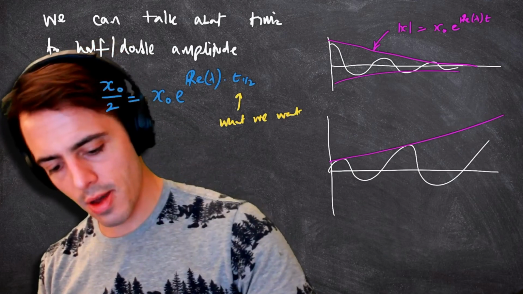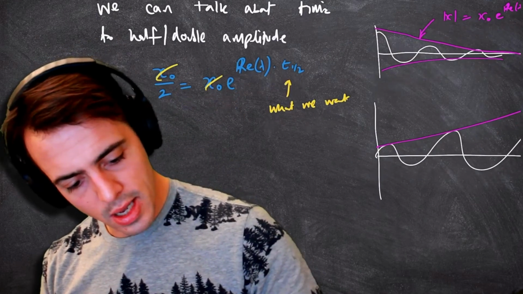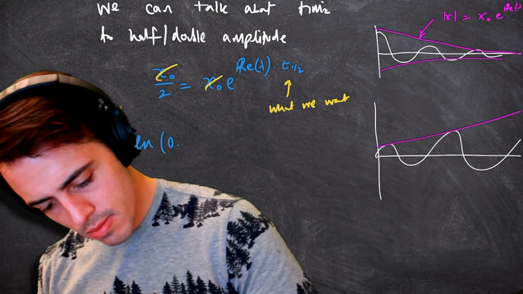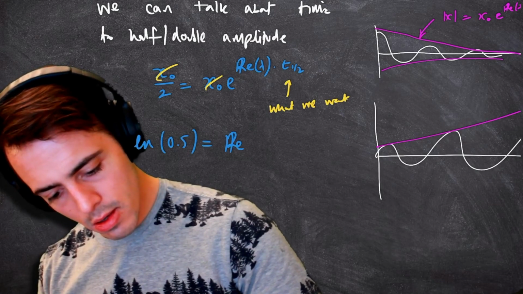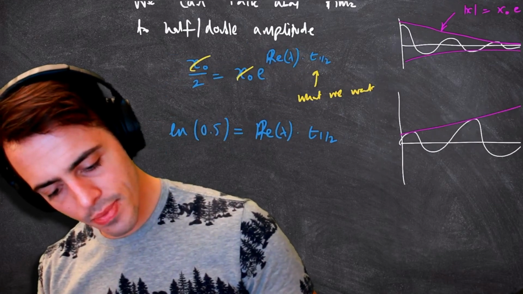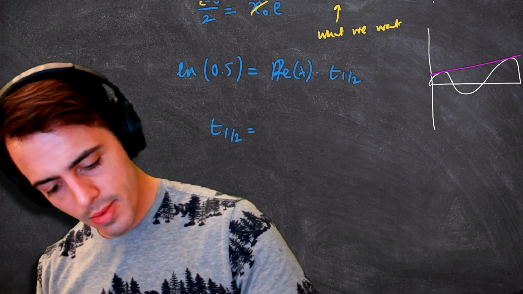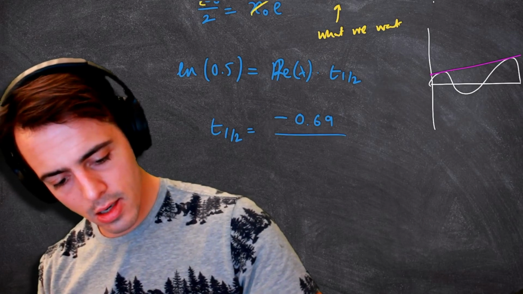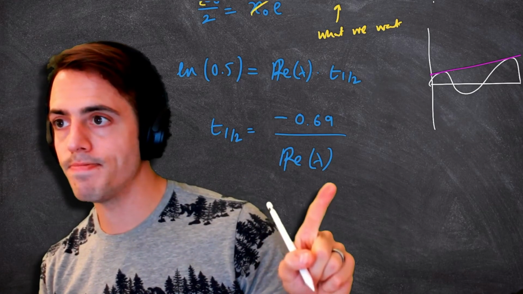We can divide both sides, but it doesn't really matter what the actual starting value is. So we end up with the natural logarithm of 0.5 equal to the real part multiplied by the time to half. So we end up with time to half equal to minus 0.69 divided by the real part of our eigenvalue here.